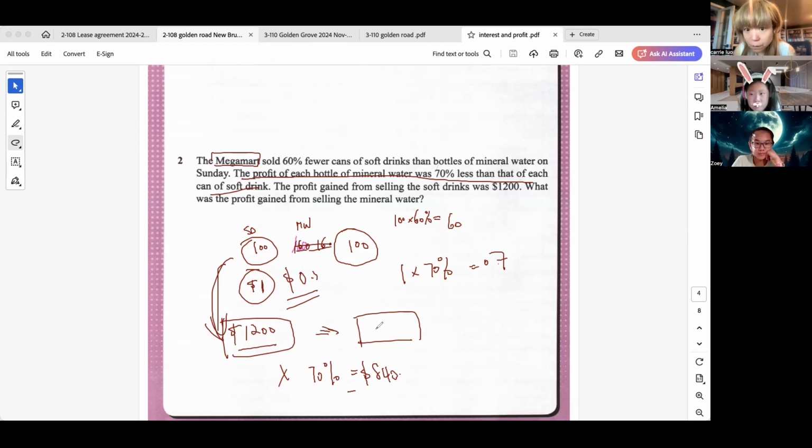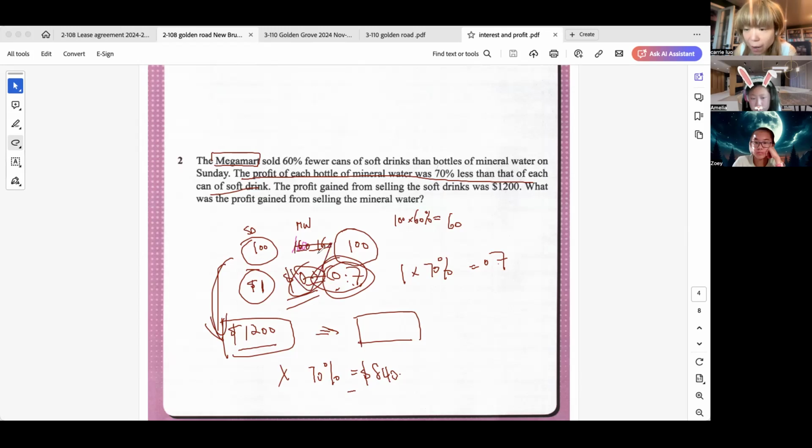$840. Okay, so Zoe, why aren't you telling me $0.7? You told me earlier that if you directly multiply by 70%, you get how much they make, so here you should tell me 0.7. Why did you tell me 0.3? 7 plus 3 equals 10, so I thought something about it. I guess I was wrong.